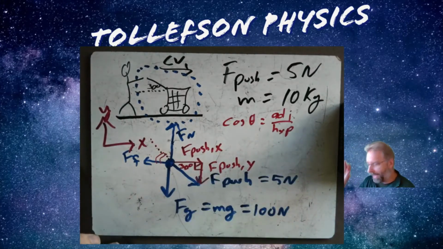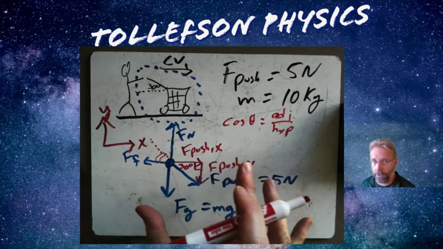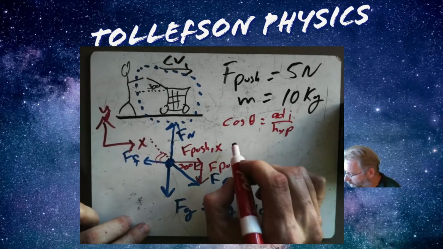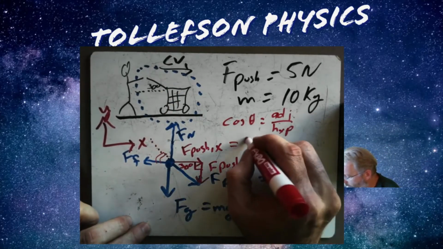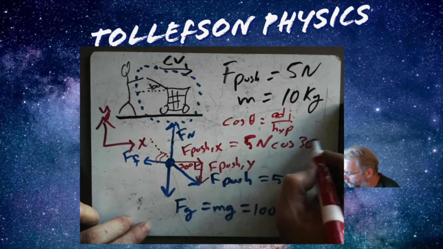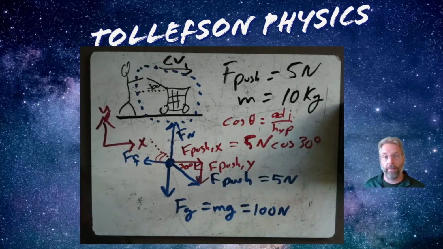Well, how does that apply to this situation? I'll cross multiply this, and it's going to be the hypotenuse, which in this case is 5 newtons, multiplied by the cosine of 30 degrees. And so then that value is what the component in the x direction is.